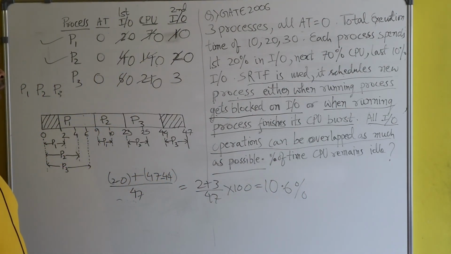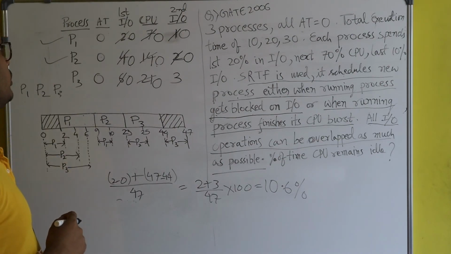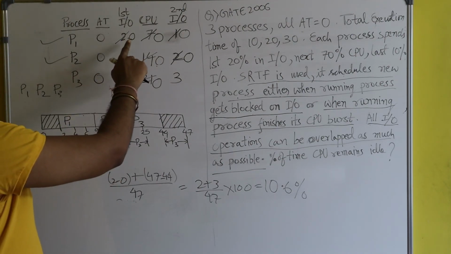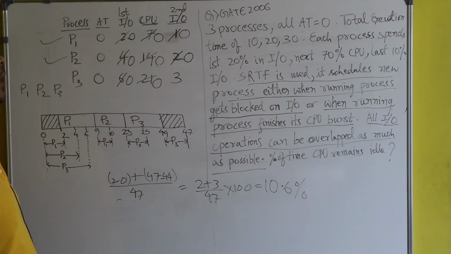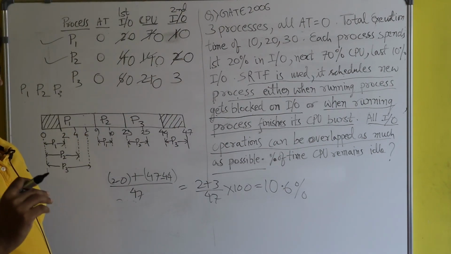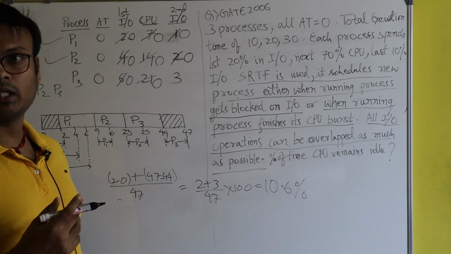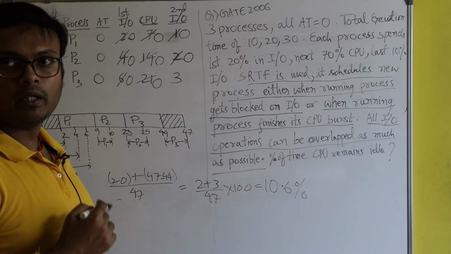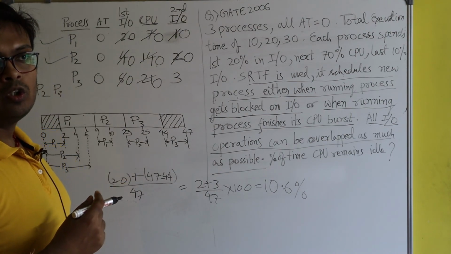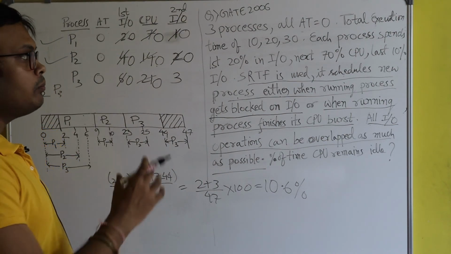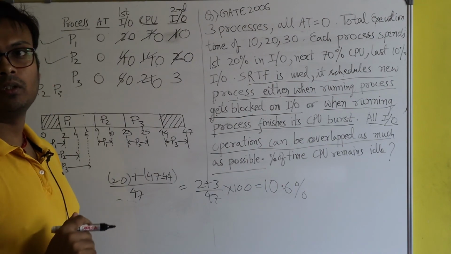I hope you got it. This question is actually a bit complicated, because here you can see IO, CPU, IO. But just apply the concepts you have learned: what you have learned in the process state diagram, and what you have learned in the SRTF algorithm. All these concepts are combined to solve this question.